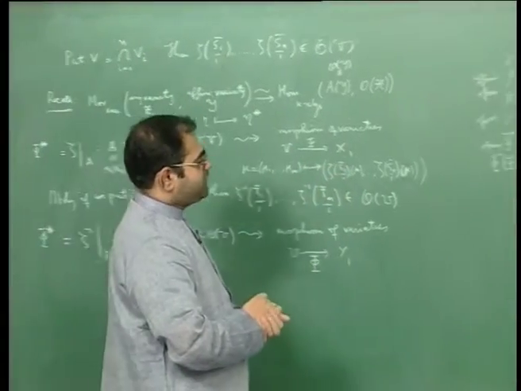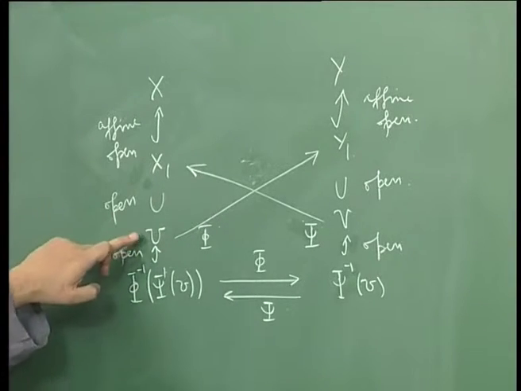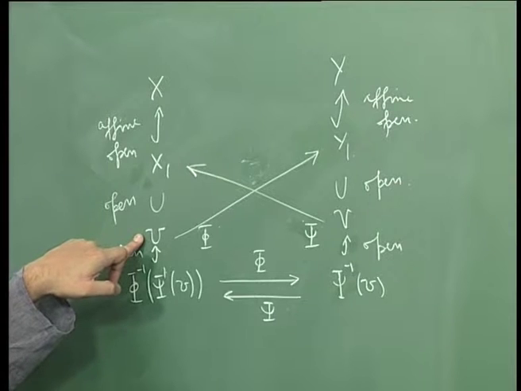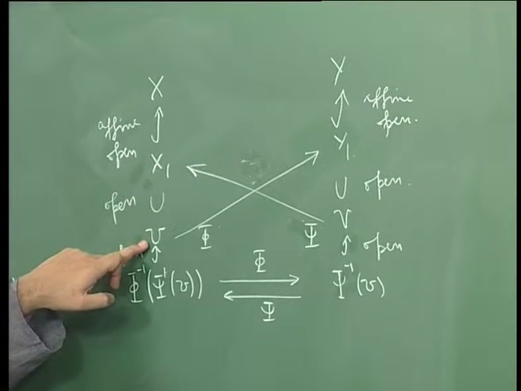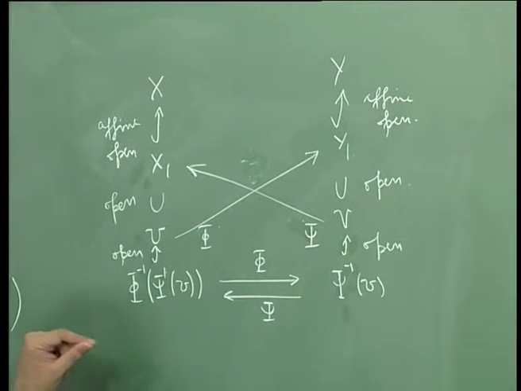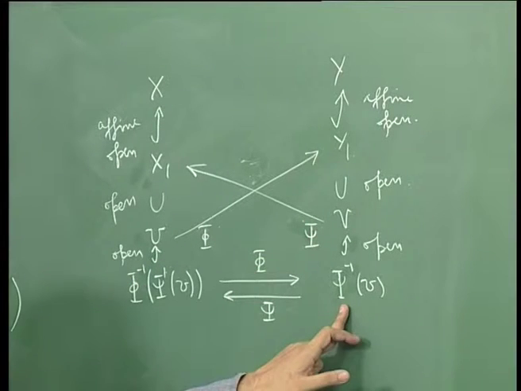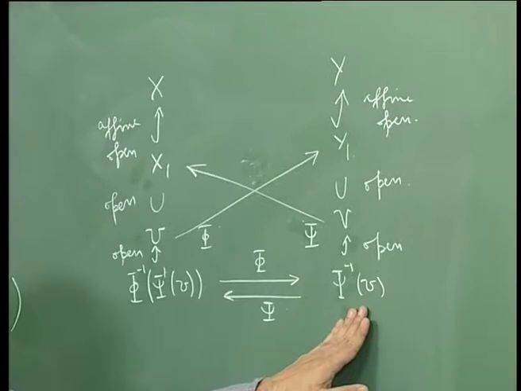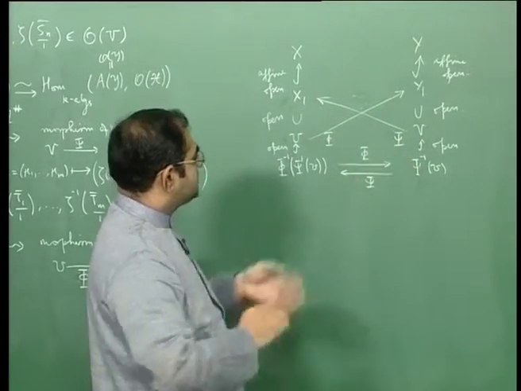The only thing that you will have to worry about is that the image of psi has to intersect u, because if the image of psi does not intersect u, then psi inverse u will become empty, and similarly the image of phi should intersect psi inverse u.